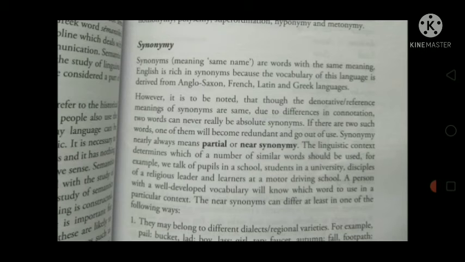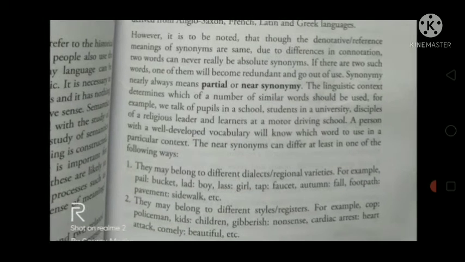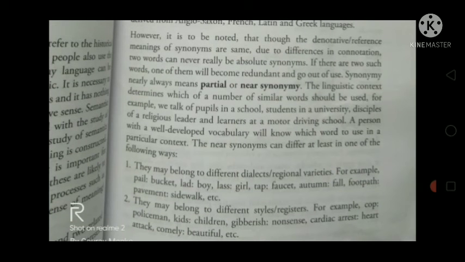If the context is changed, we will use another similar word. Generally, if we ask someone what is a similar word for this, they will provide 5-6 words that are very near to the meaning of the original word.